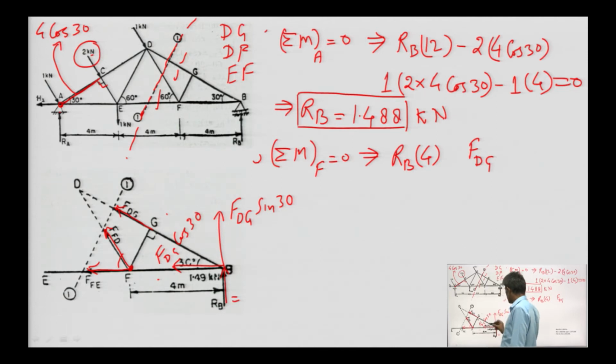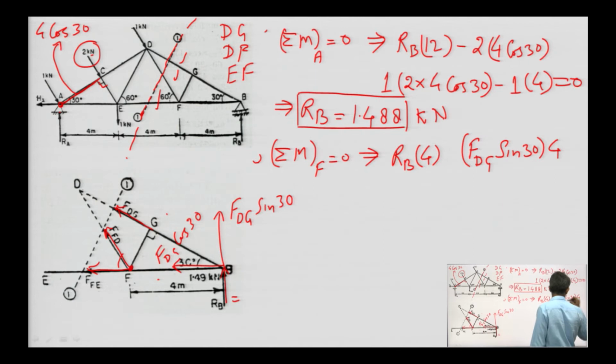Okay. This one component will pass through this point F, so the perpendicular distance will be 0, and only this one force will be considered. So, F_DG sin 30, and the perpendicular distance will be how much? It is 4, and the direction of this force will be positive.